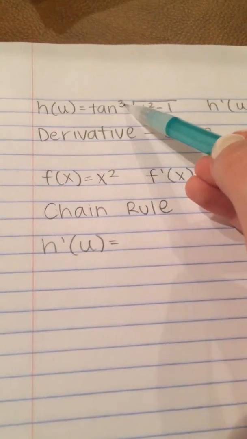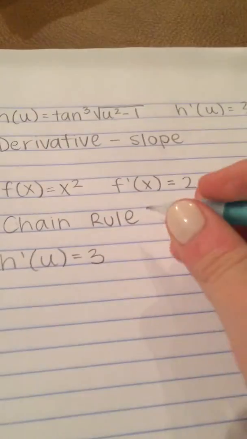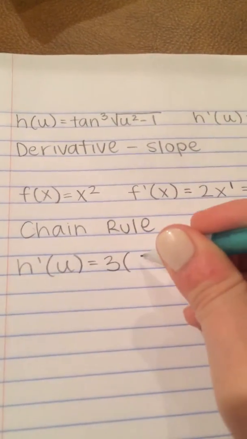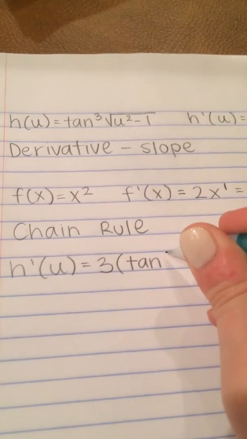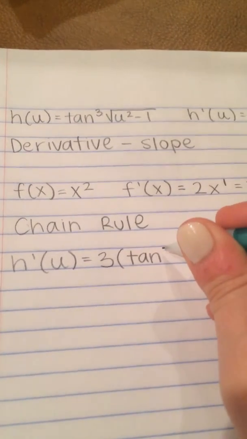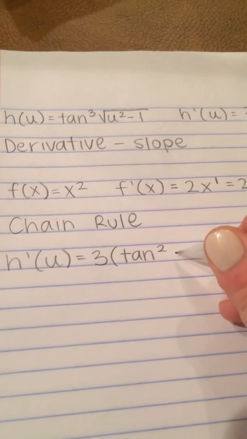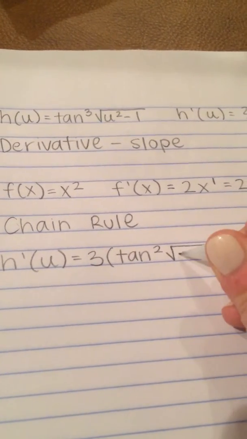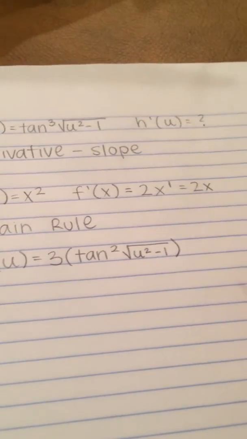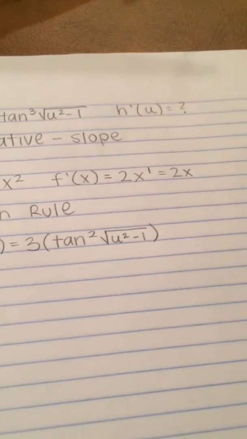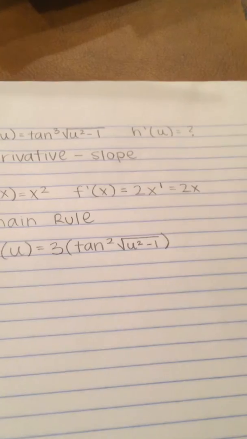We take the power and bring it out in front, so 3 of, and then you subtract 1 from the power of the original. So this is tangent squared, and then the square root of u squared minus 1. So there you have it. That's your first term. The chain rule is you take each chunk and you multiply them together.